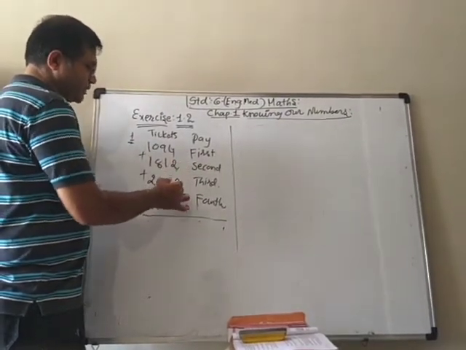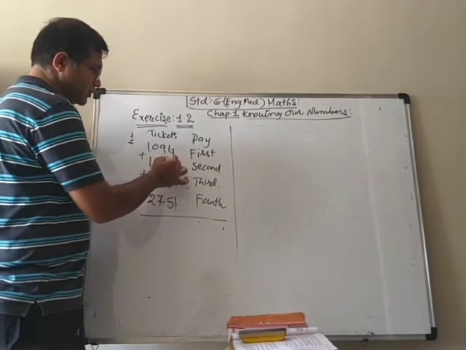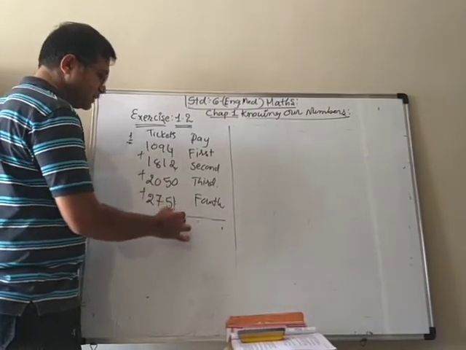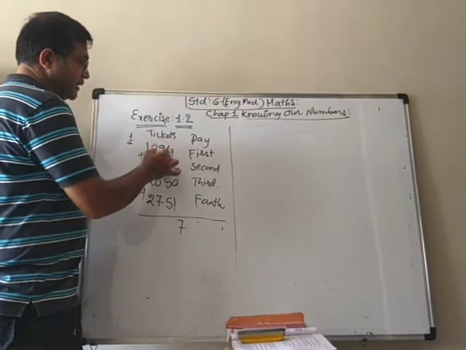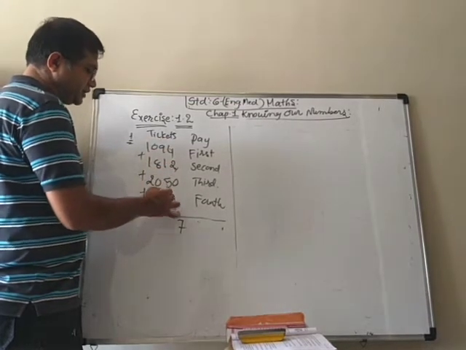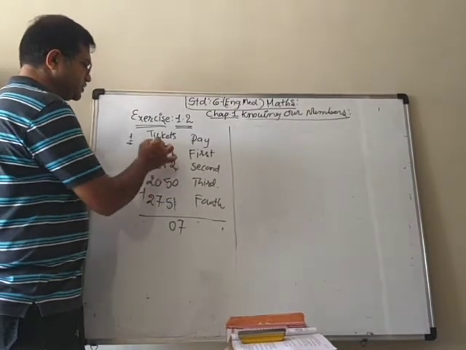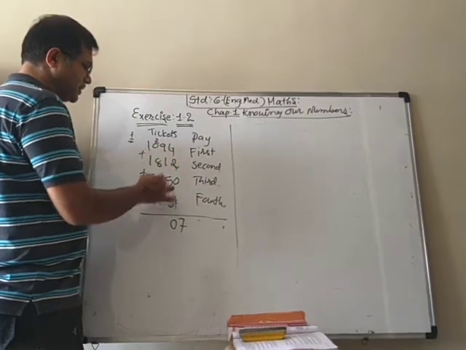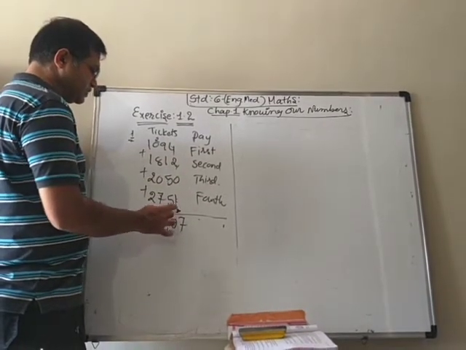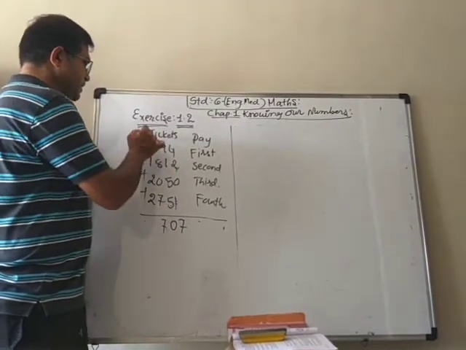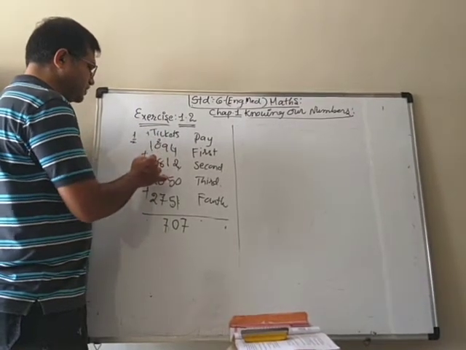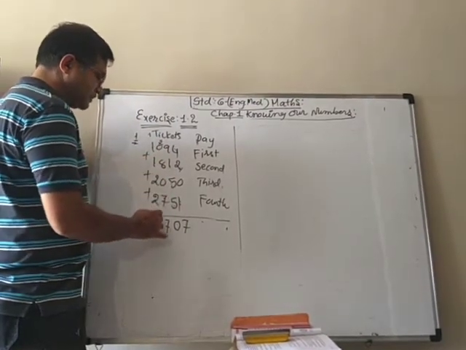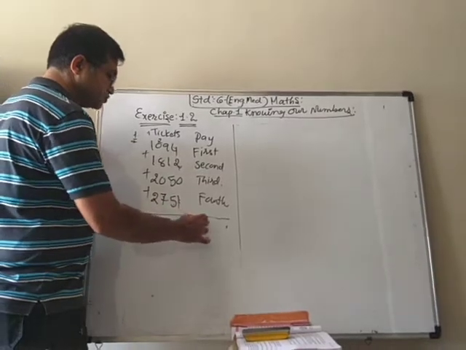4 plus 2, 2 plus 1, 4 plus 2, 6, 6 plus 1, 7. 9 plus 1, 10, 10 plus another 10, 20, carry 2, 2 plus 8, 10, 10 plus 17. And then carry 1, 1 plus 1, 2, 2 plus 1, 3, 4, 5, 6 and 7. Total.